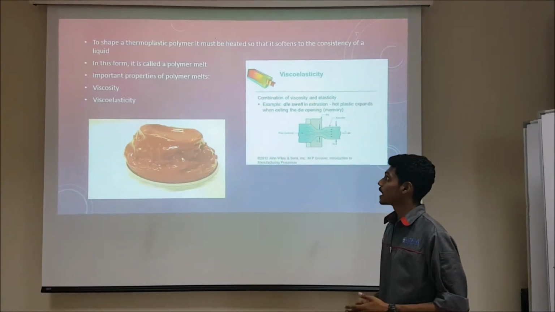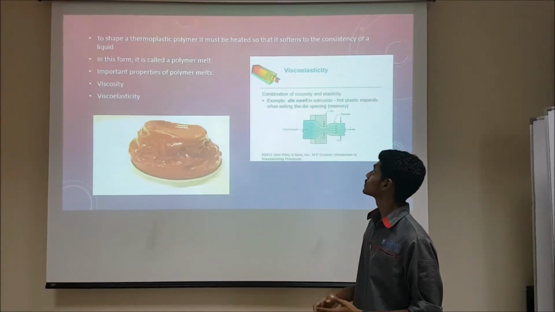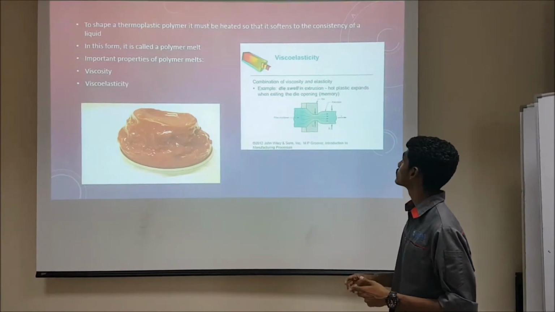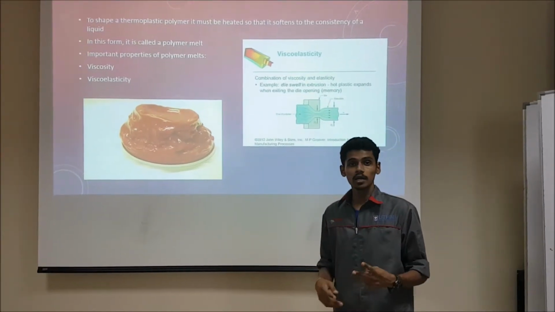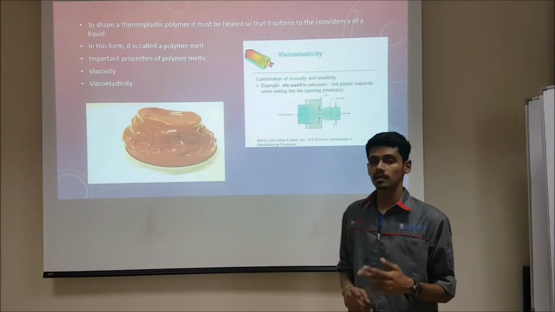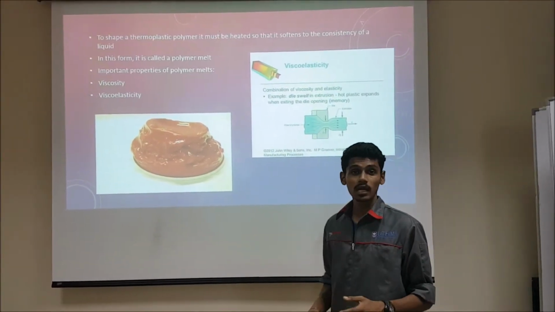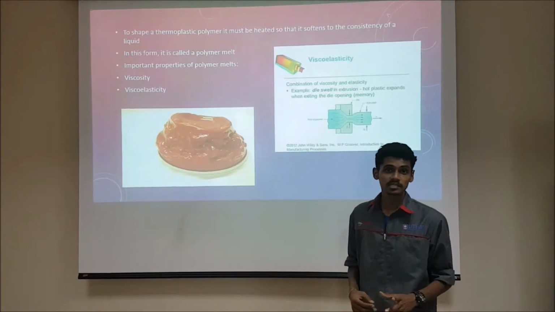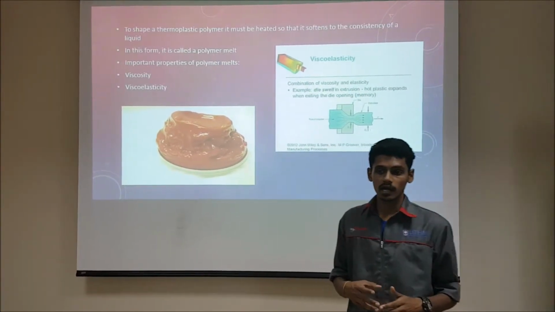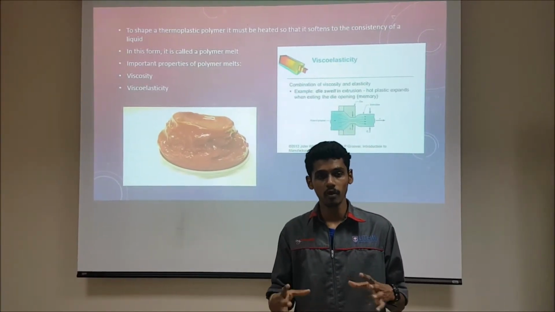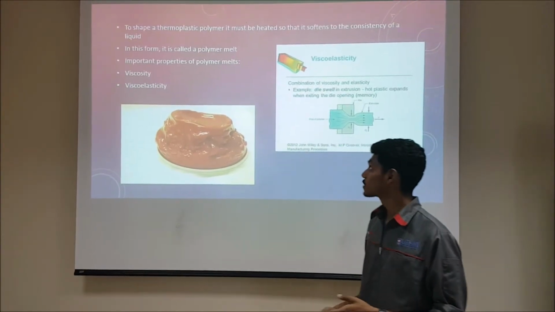To shape a thermoplastic polymer, it must be heated so that it softens to the consistency of a liquid. Two things are very important for thermoplastics, that is viscosity and viscoelasticity. Viscosity means it can flow into a shape so that it can be formed into our desired shape.